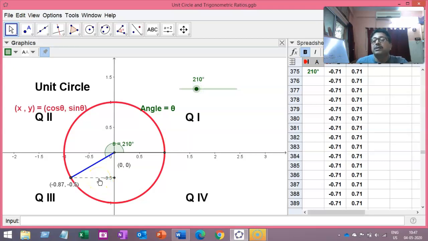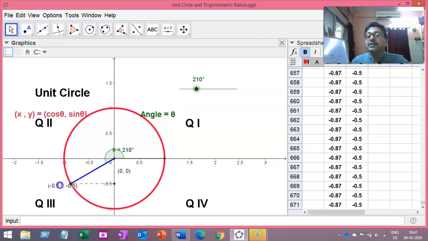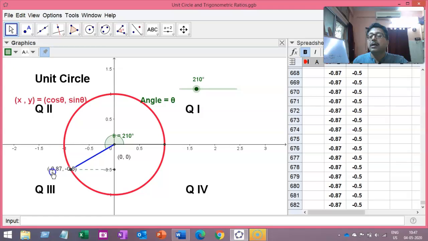You see the third quadrant. What is happening there? Coordinate of the point is minus 0.87, minus 0.5. So really it's the negative x-axis, it will be negative, negative y-axis, that also will be negative.